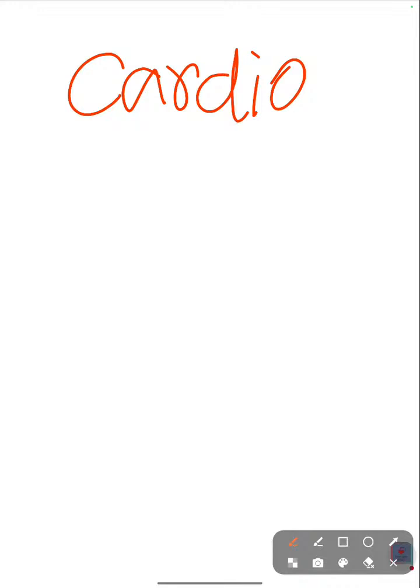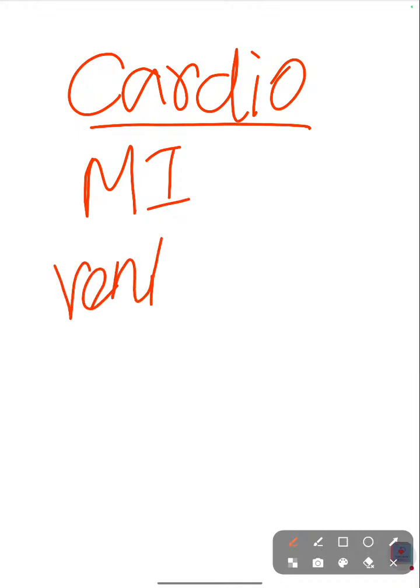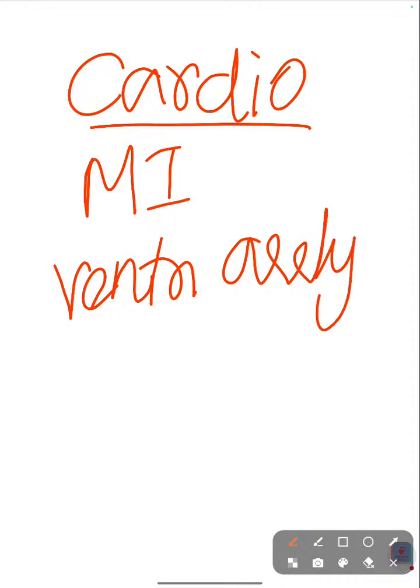The next is cardiogenic shock. In cardiogenic shock, there is a deficiency of emptying, or a deficiency of filling, or there will be outflow obstruction. The heart is not working due to myocardial infarction or ventricular arrhythmias.